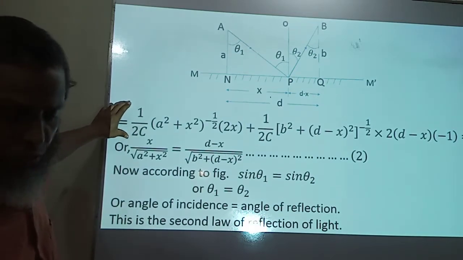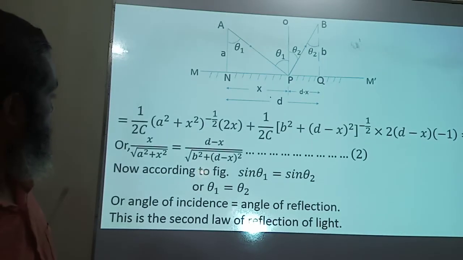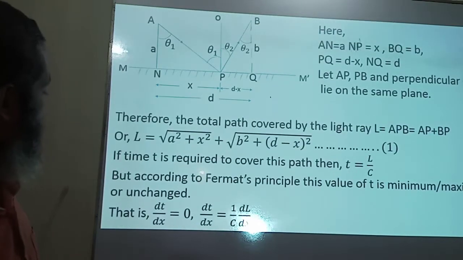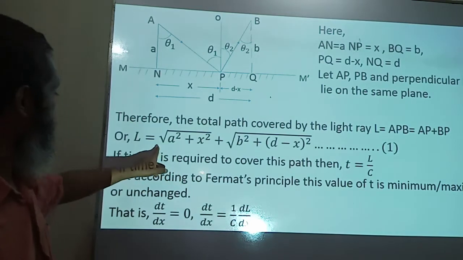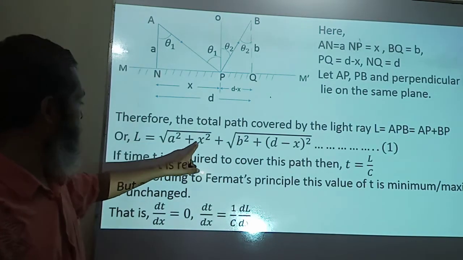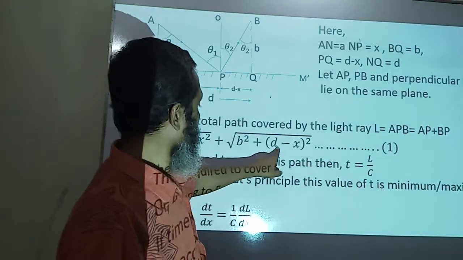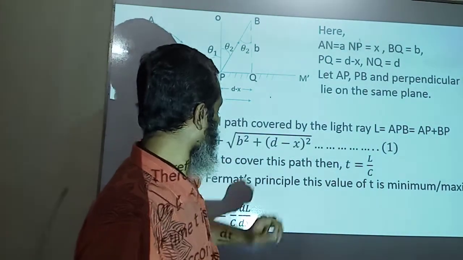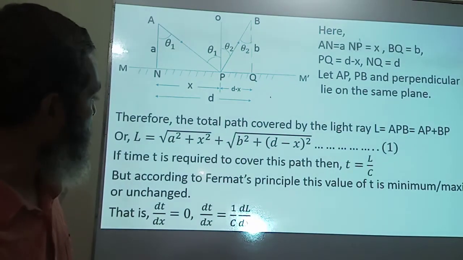Let us consider these two quantities here. Here you see dL by dx. This term, a square plus x square, its power will be half, and b square plus (d minus x) whole square, its power will be half. So if we differentiate, the differentiation will be like this.